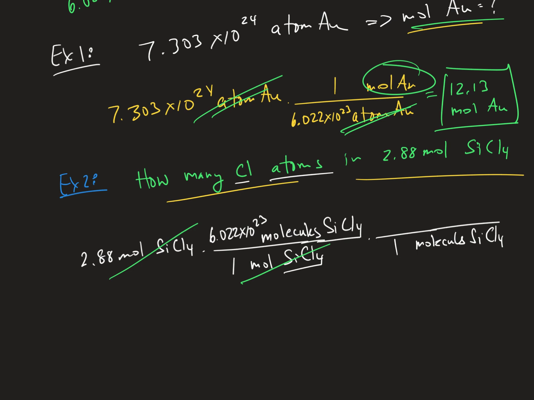Just like in water, H2O, there's 2 hydrogens and 1 oxygen, right? In SiCl4, there's one silicon and 4 chlorines. And we just care about chlorines here. So there's 4 atoms of chlorine. Does that make sense to everybody?